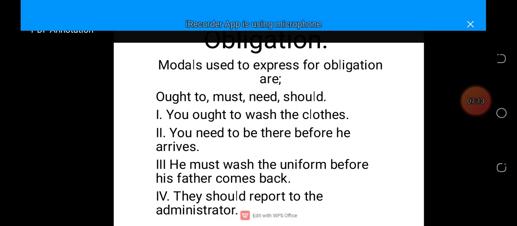Another way we can use modals is in expressing obligation, where you have a duty to do something. Some of the modals we can use are ought to, must, need, and should.